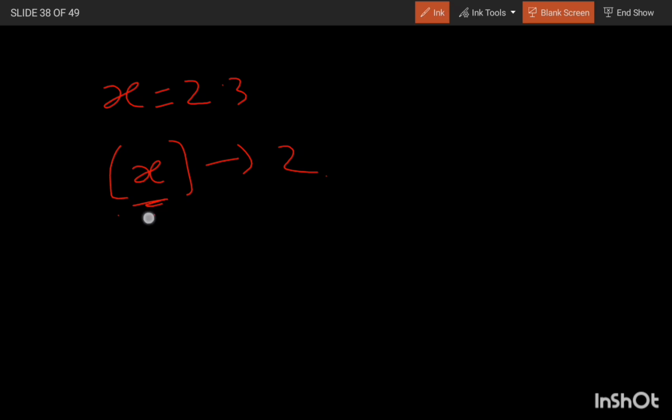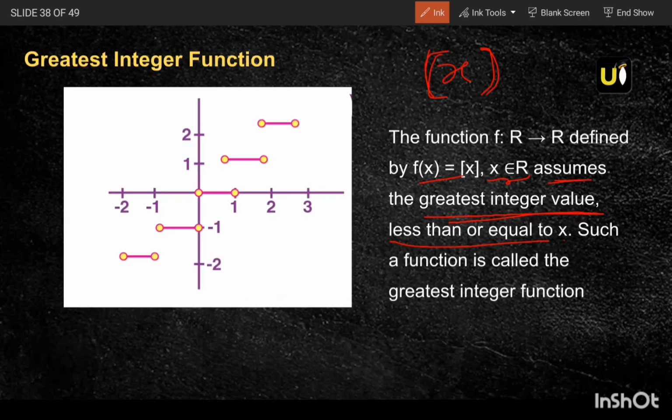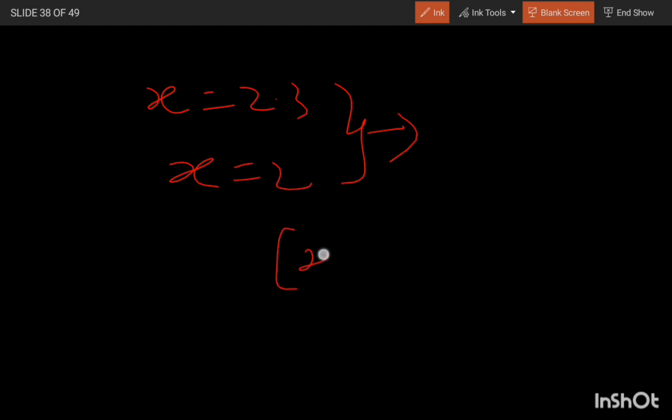The value will assume the greatest integer which is less than or equal to that particular number. So for both 2 and 2.3, greatest integer function is 2.